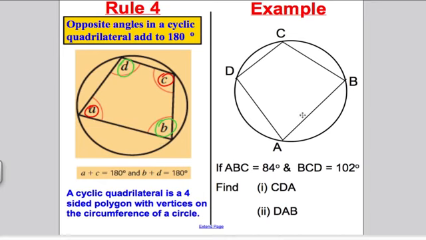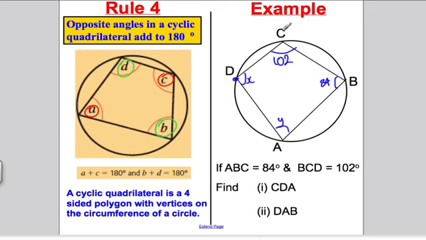So let's try and use this example here. It tells us that ABC, A to B to C, is 84. And it tells us that B to C to D is 102. And it asks us CDA, I'm going to call that X, and it asks us DAB, I'm going to call that Y. How would I work those out?